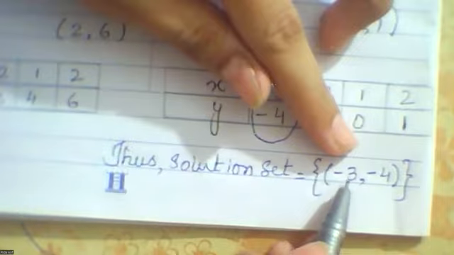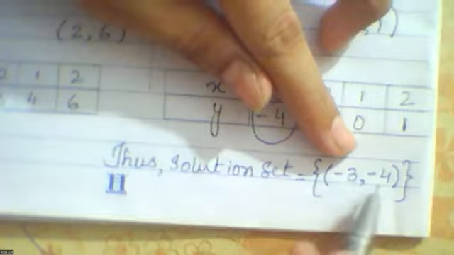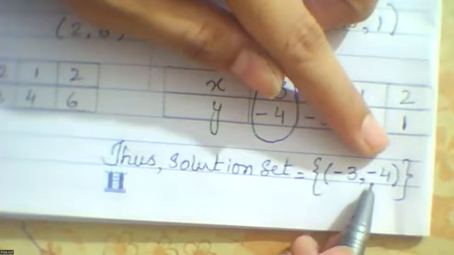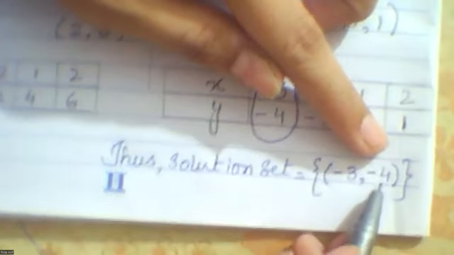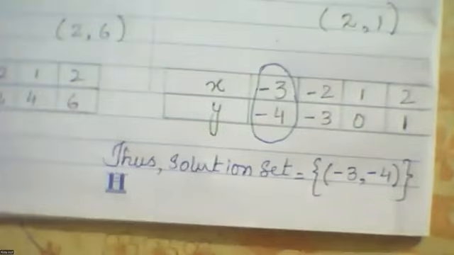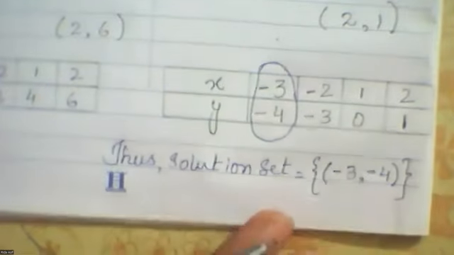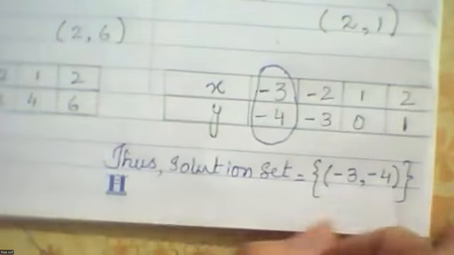So we get the x coordinate -3 and then the y coordinate -4 within the round bracket and within the curly bracket. So we have solved our equation. We got a separate table for both equation 1 and equation 2.